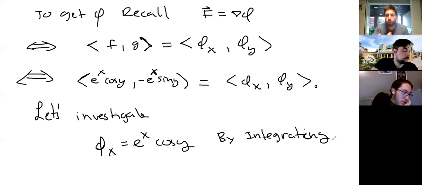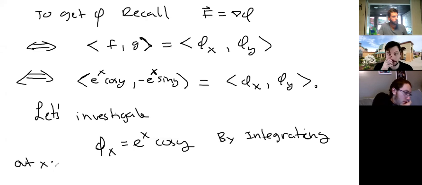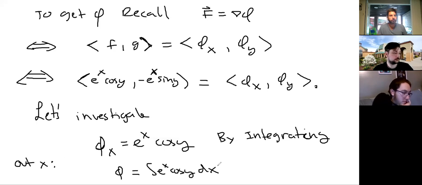Now, there are two variables to which I can integrate. If I can kill that partial with respect to x, I get information. So I'm going to integrate out x. If I do that, the left-hand side, if I just integrate x, I get phi. And on the right-hand side, it's the integral of e to the x cosine y dx.